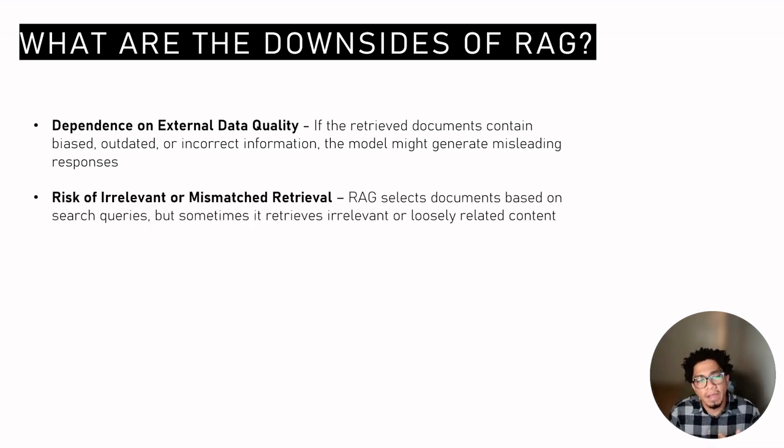Another issue with RAG is the risk of irrelevant or mismatched retrieval. The documents that it retrieves based on search queries depend on how well the contrastive learning is implemented, or the model is trained on contrastive learning, and the quality of your training data, to ensure that contrastive learning is very good.